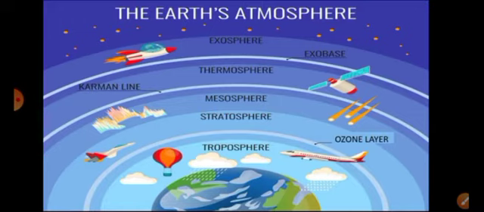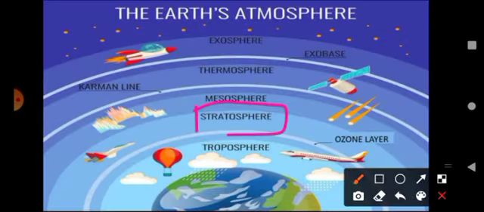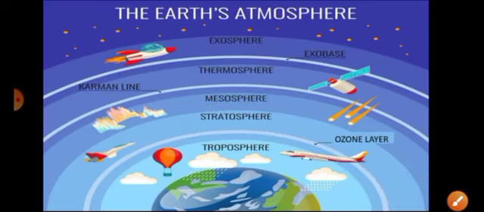Next is stratosphere. Above the troposphere lies the stratosphere. It extends up to a height of 50 km. This layer is almost free from clouds and associated weather phenomena, making conditions most ideal for flying aeroplanes.